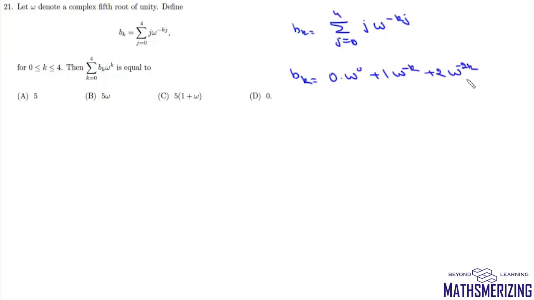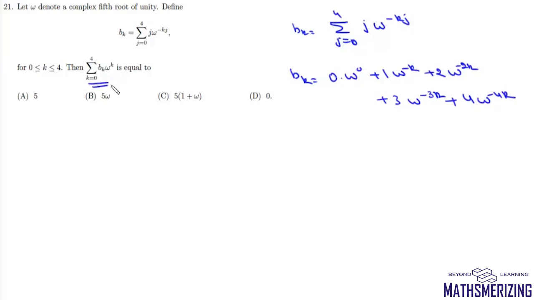Question number 21 is, let omega denote a complex fifth root of unity, then define b_k as the summation j varies from 0 to 4 of j times omega to the power -kj. Now we can write this b_k as 0 times omega to the power 0, plus 1 times omega to the power -k, 2 times omega to the power -2k, plus 3 times omega to the power -3k, plus 4 times omega to the power -4k.